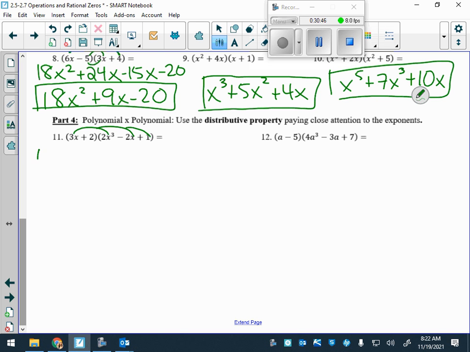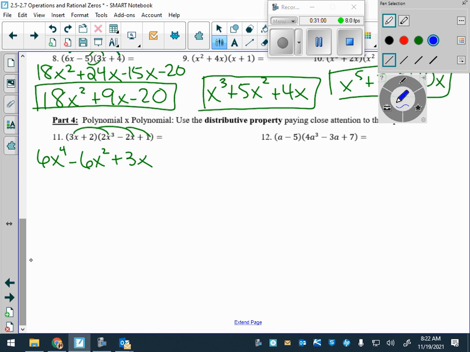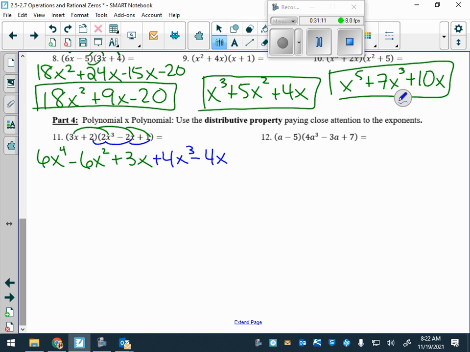So we have 6x to the fourth minus 6x squared plus 3x. Then you go ahead and you distribute the 2 all the way through. So then you have 4x cubed minus 4x plus 2.